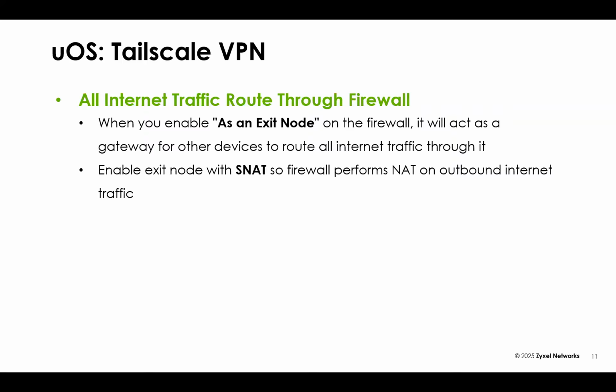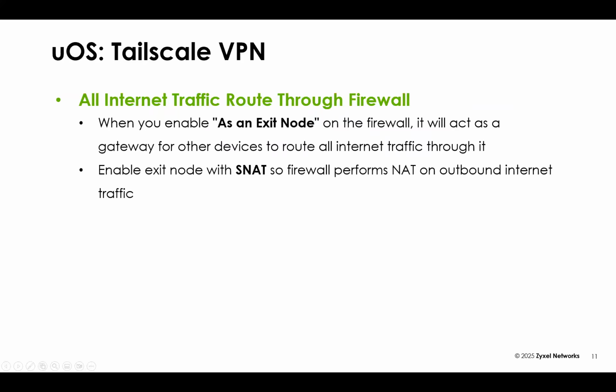What that means is that when you're routing all traffic through that firewall, and you go to find out what your IP is, like on whatismyip, it will show up as the firewall's WAN IP address. That's why you also need to enable the SNAT option. It will bind that particular device with the firewall's public IP address, so all traffic is coming out of that particular firewall.